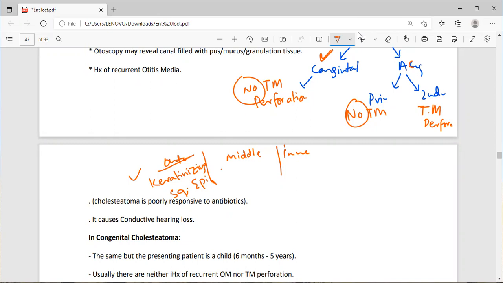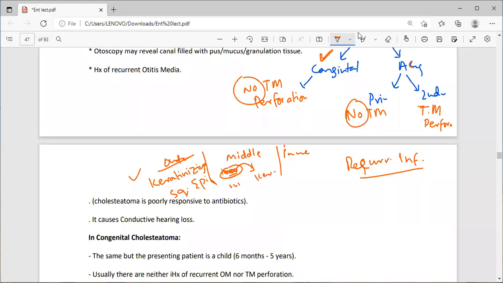They said, maybe because of recurrent middle ear infection, because of acute suppurative otitis media or acute otitis media, what has happened is that normally there is an epithelium here, and because of the recurrent infection it might have changed into keratinizing squamous epithelium.